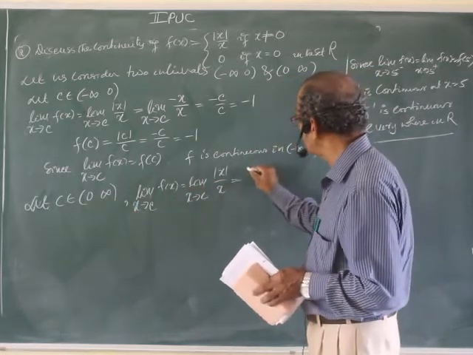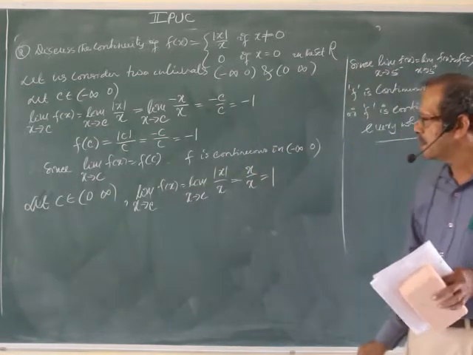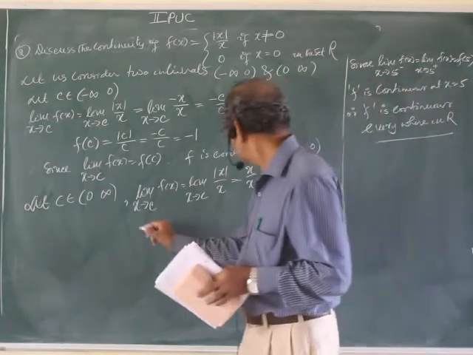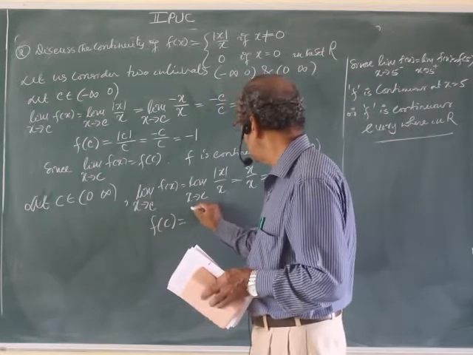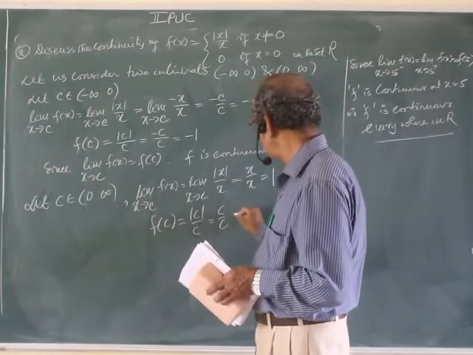Modulus of a positive quantity is the same, therefore it is 1. f of C equals mod C by C, C by C, 1.